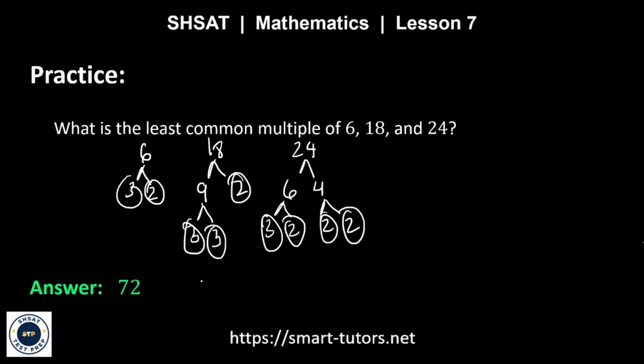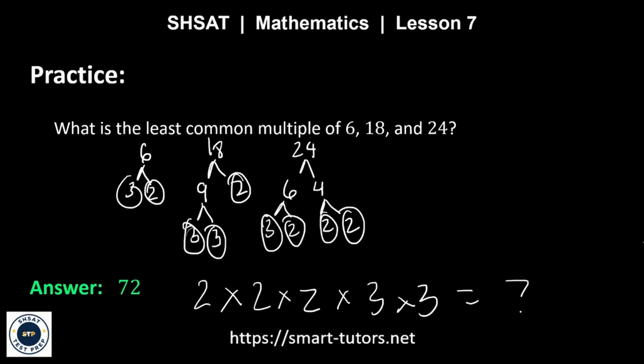You pick the amount of 2s that are the most in at least one of the numbers. So there's three 2s here, one 2 and one 2 here, so you would pick the three 2s. And the same thing for 3: there's one 3 here, two 3s here, and one 3 here, so you would write two 3s. If you multiply all of that, that would give you 72.